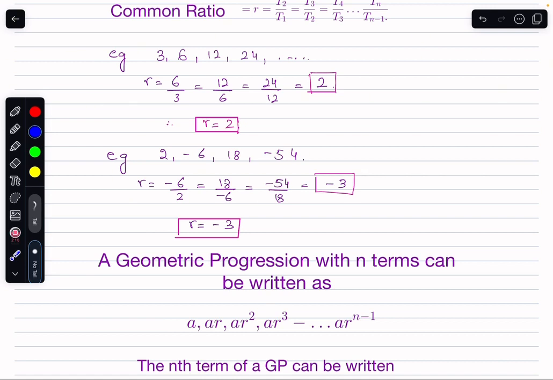For all three ratios, we can see that the common ratio comes out to be -3. -6 divided by 2 is -3, 18 divided by -6 is again -3, and -54 divided by 18 is also -3. The common ratio here is -3.